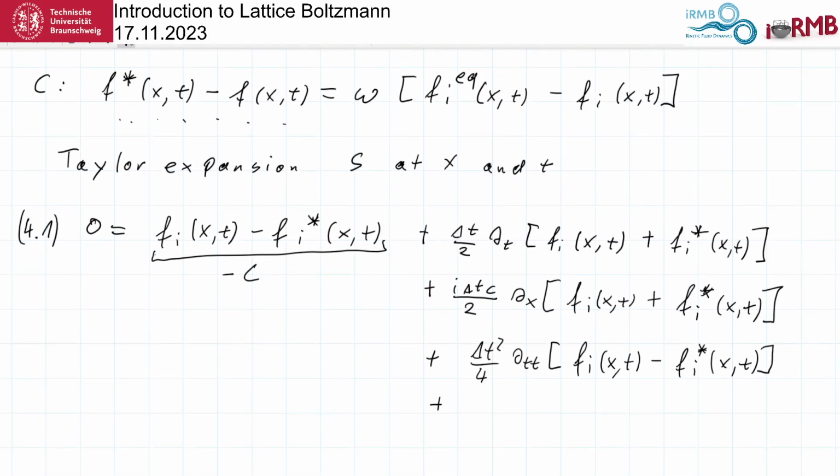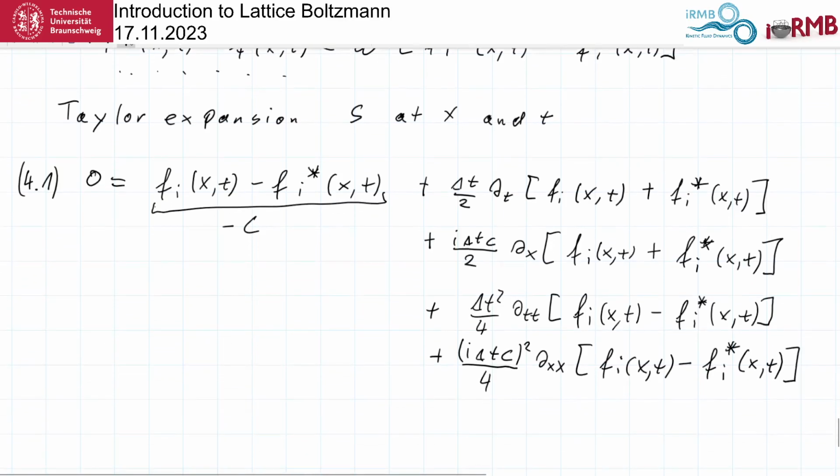Similar for the square dxx fi xt. So the same will happen also when we expand this in space. And then we have the mixed term.